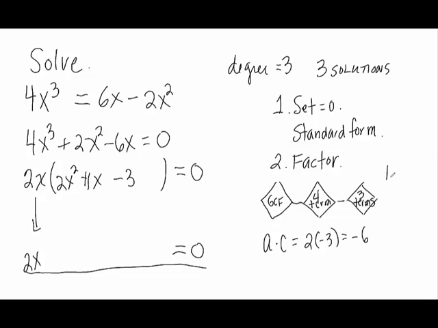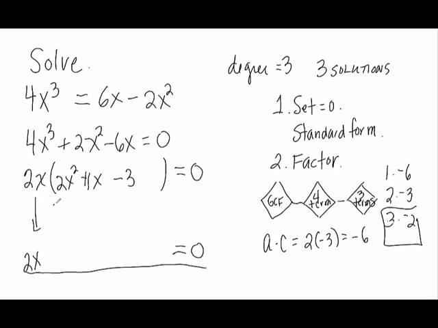So let's see, 1 times negative 6, that's going to add to negative 5. 2 times negative 3, that adds to negative 1. Negative 3 times 2, whoops, sorry about that. 3 times negative 2 will give me negative 6, and that also gives me the term 1 when I add them. And so these are the 2 factors that I need. I need 3 and negative 2.